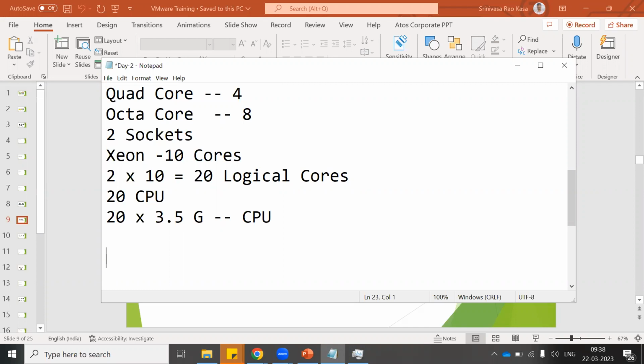Those are two important configurations under processor settings. Under processor settings, two important components will be there. One is virtualization compatibility. By default, for any hardware we purchase for virtualization purposes, the BIOS virtualization will be enabled.